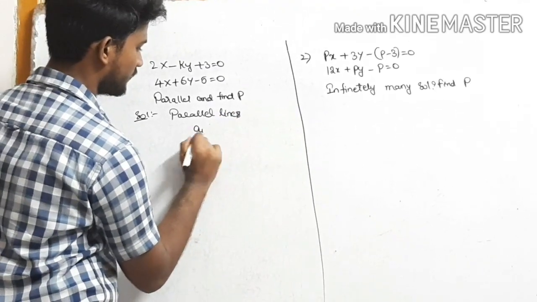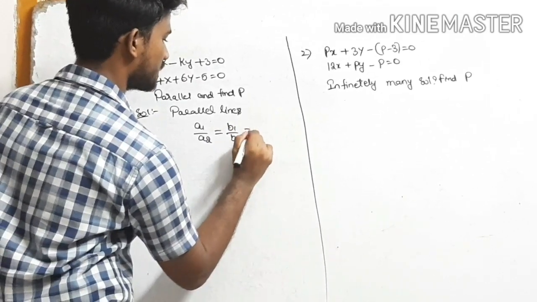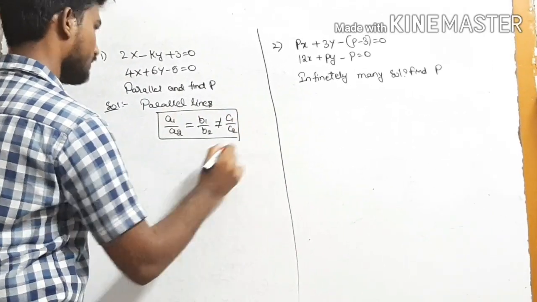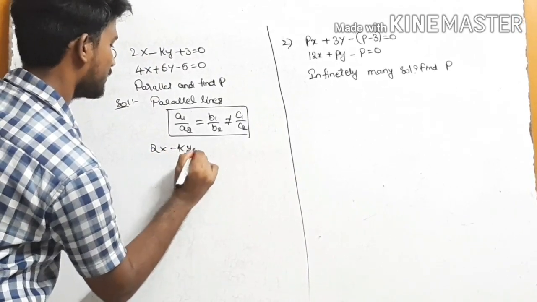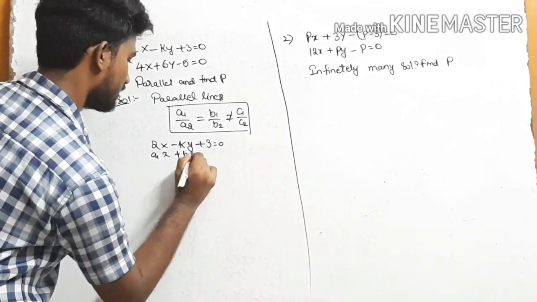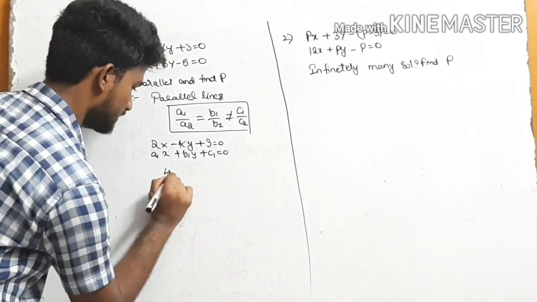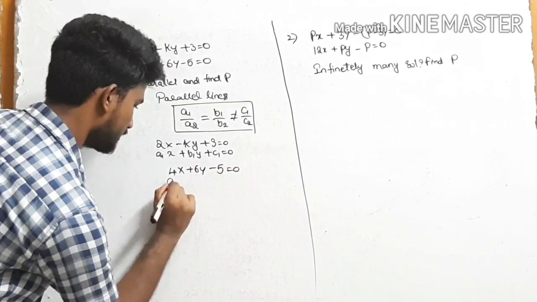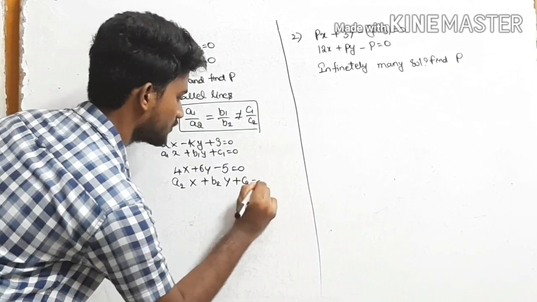the formula is a1 by a2 equals b1 by b2 is not equal to c1 by c2. From this formula, you can write 2x minus ky plus 3 equals 0, which is a1x plus b1y plus c1 equals 0. Next write 4x plus 6y minus 5 equals 0, which is a2x plus b2y plus c2 equals 0.